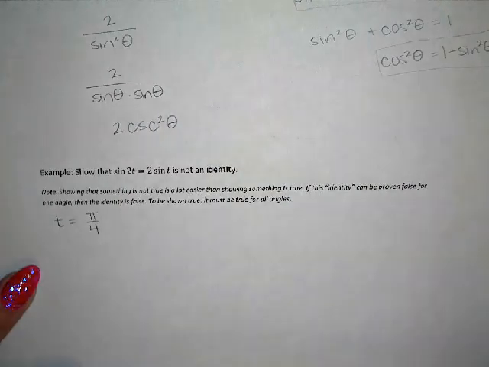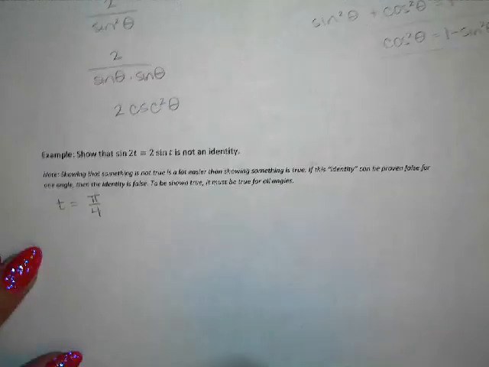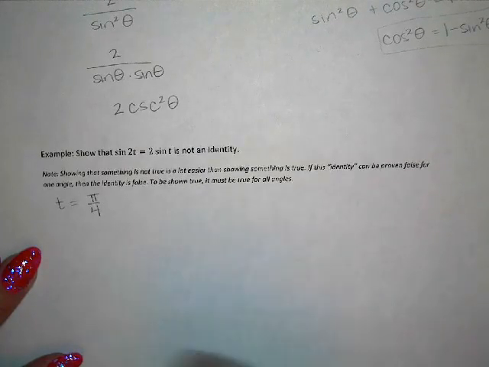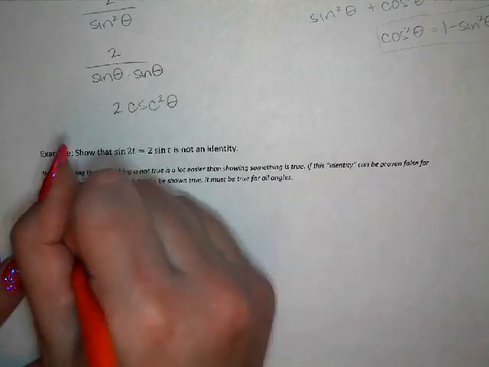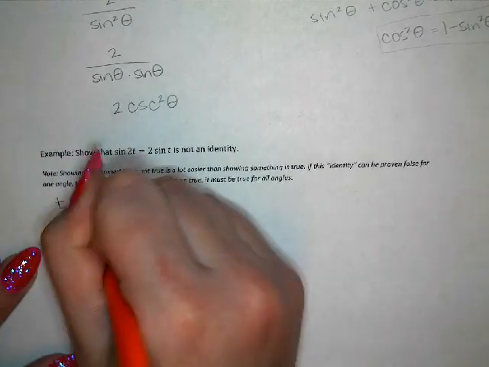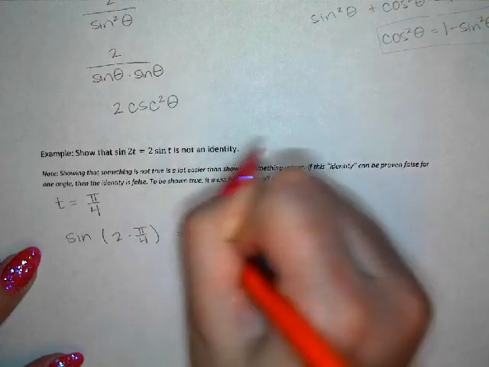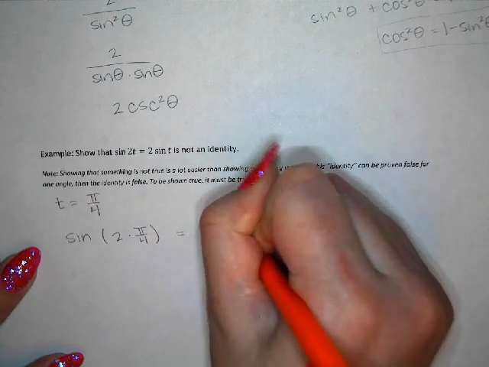It really doesn't matter. So sine of 2 times pi fourths equals 2 times sine of pi fourths. We're trying to see if this is a true statement or not. So 2 times pi fourths would be 1/2, right? Pi fourths and another pi fourths is pi halves.